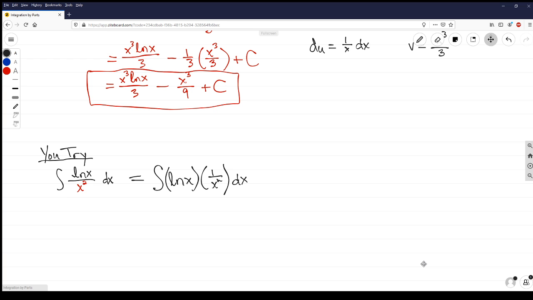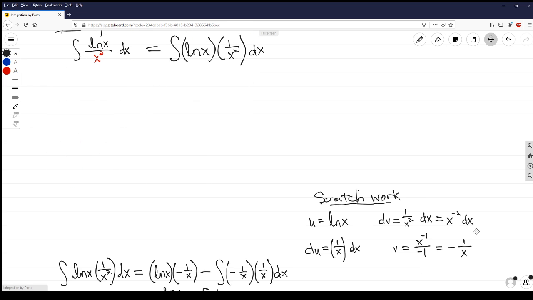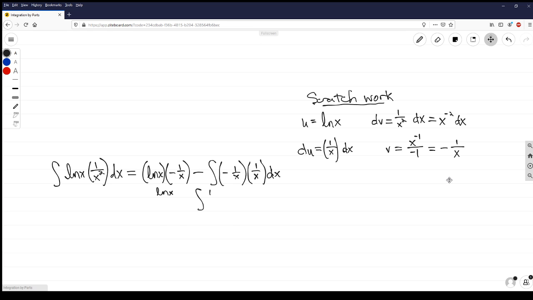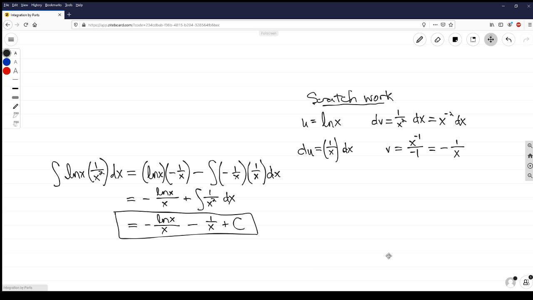All right, for the try problem, here is the solution. Again, pick that your u is the natural log of x.